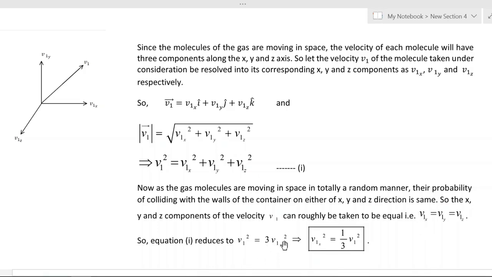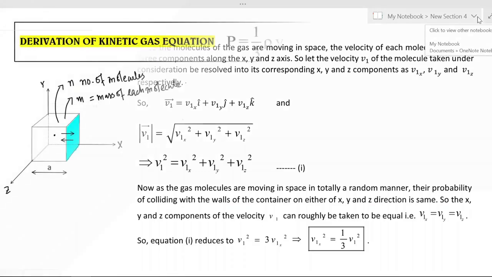So v1x squared is equal to 1/3 v1 squared. This is a relation which we are going to require in deriving the kinetic gas equation afterwards. So keep a note of the entire thing, and keep a note of this relation particularly, which I've put inside the box. Now again, let's move into the main derivation.